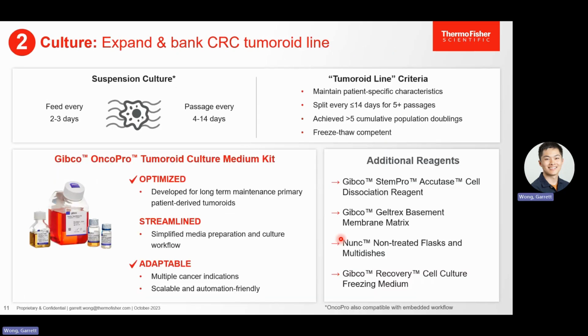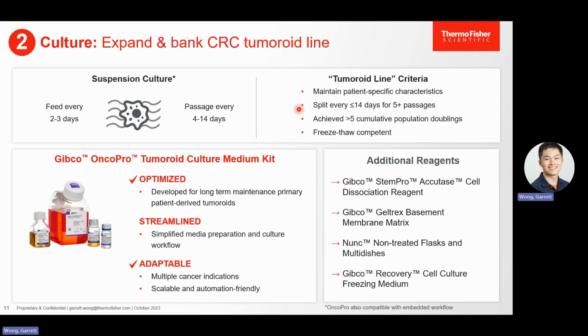After this initial tumoroid derivation, tumoroids are maintained in suspension culture, and they're fed every 2 to 3 days and passaged every 4 to 14 days. For us to classify the cells as an established tumoroid line, we have some stringent criteria that the cells need to meet. First of all, they need to maintain those patient-specific characteristics, and that's why we have a lot of characterization via both genotypic and phenotypic signatures.